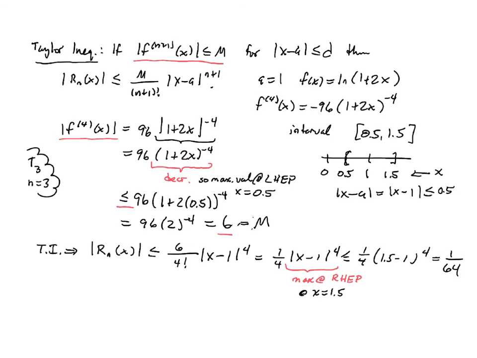So the conclusion that we have from Taylor's inequality, again, is that our error using the third Taylor polynomial to approximate our function is at most 1/64th.